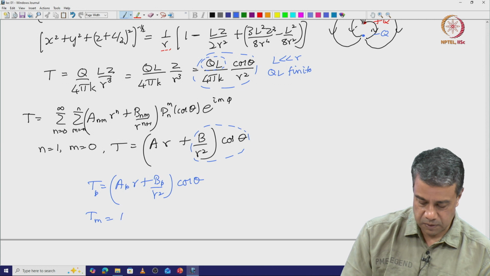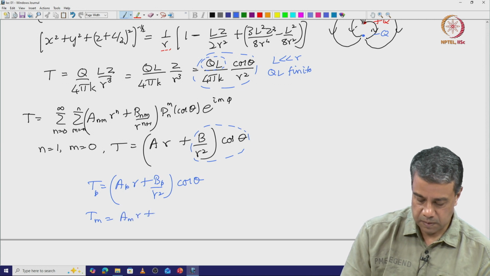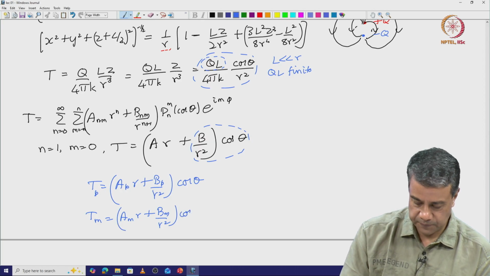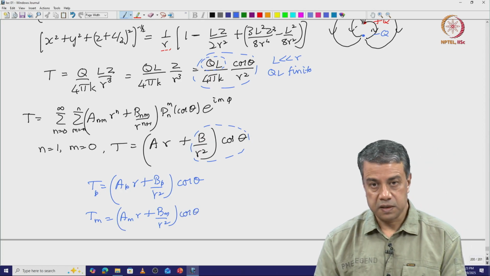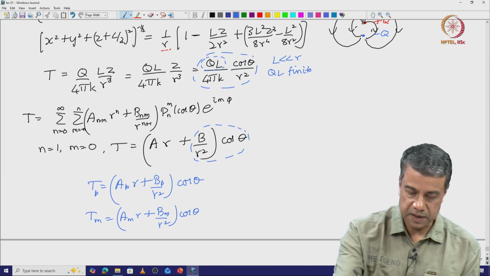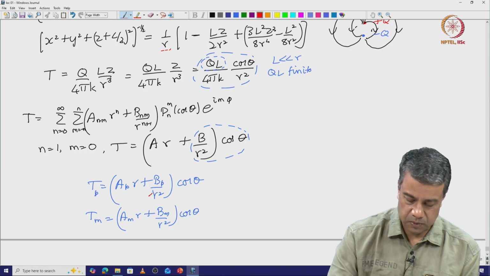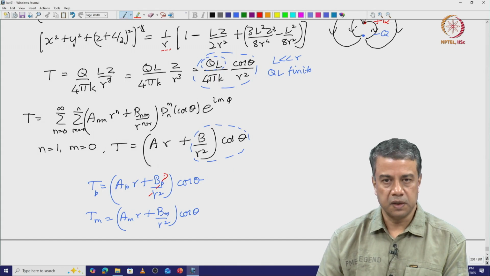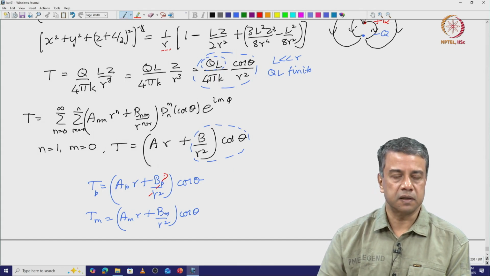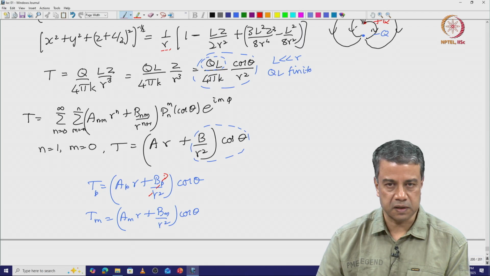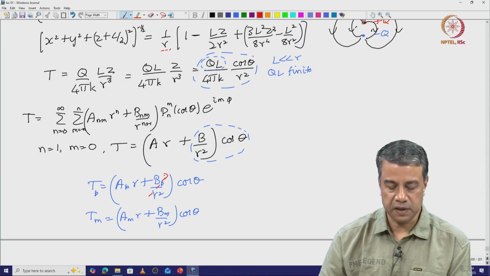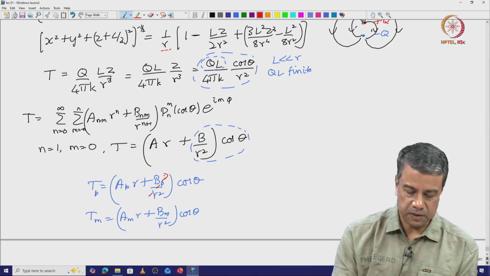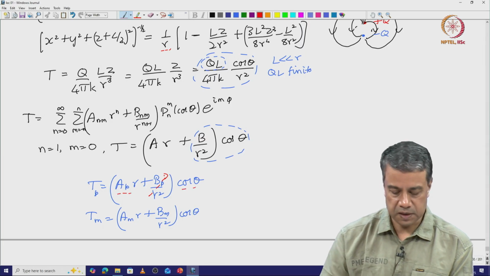Matrix temperature was equal to A matrix r plus B matrix by r square into cos theta. Same as a point dipole. Basically this term was 0 within the particle because the temperature had to be finite, in order to satisfy the symmetry conditions at the origin. Otherwise, the temperature goes to infinity at the origin. So this term had to be 0. Within the particle, it was just equal to A particle times r into cos theta.